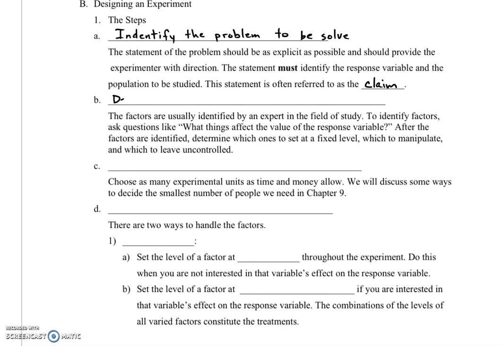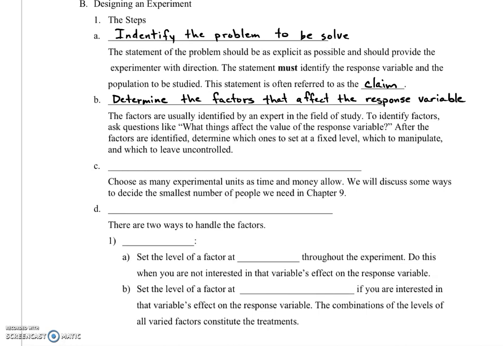Next, we determine the factors that affect the response variable. And factors are usually identified by an expert in that field of study.